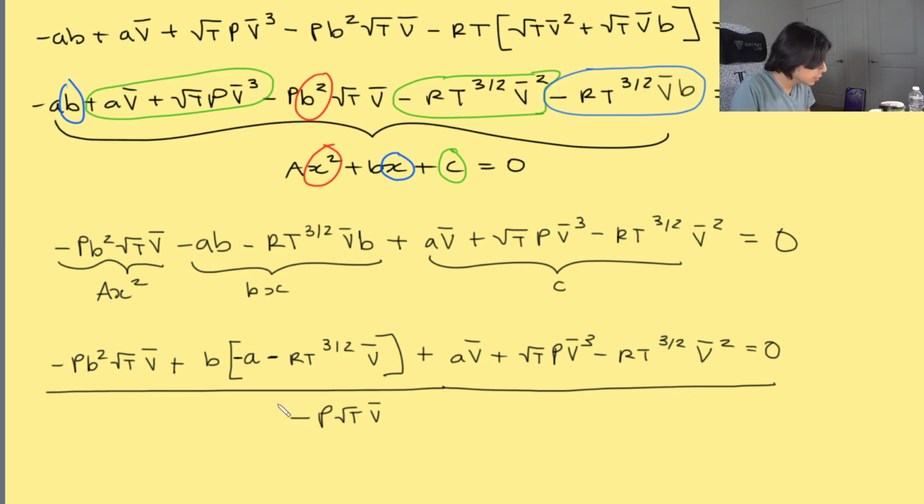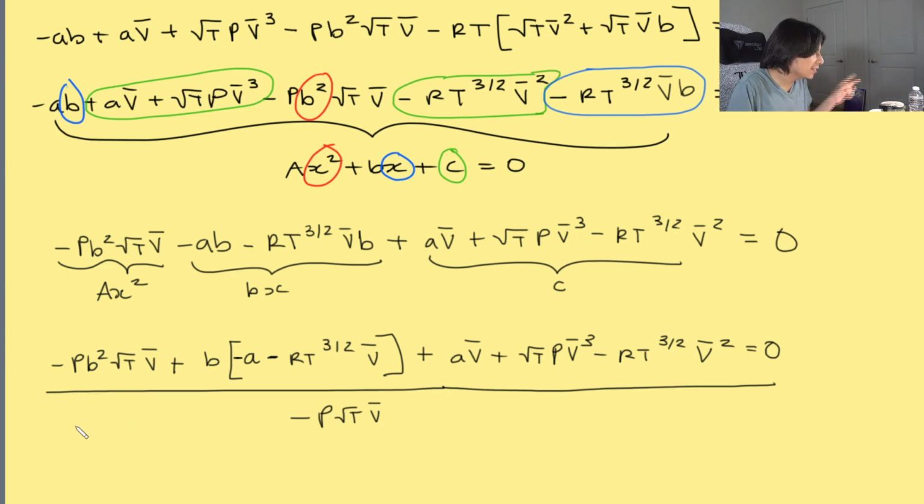Because I think I did not do that here. But that doesn't make sense because this was negative pv squared. In any case, I had to have divided by negative p square root of tv bar. Right, okay, I ended up distributing it. I have to check myself so I don't do incorrect thinking right here.